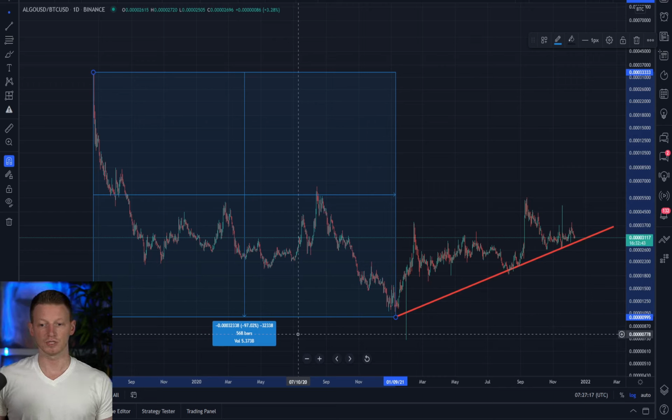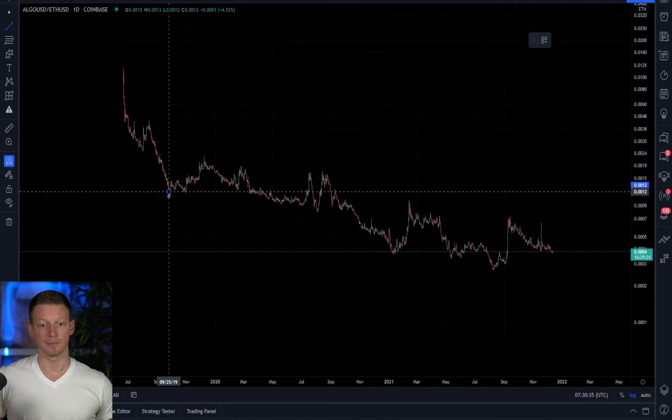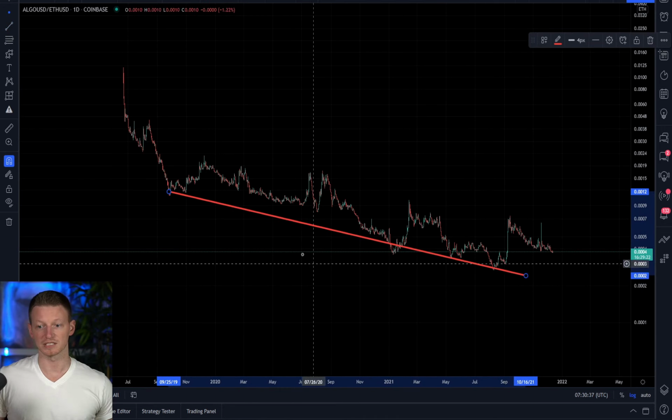And this is honestly, guys, an ugly chart. In fact, of all the coins I've analyzed, and trust me, I don't have anything against Algorand. I actually think in general it's a great project. I think it has poor tokenomics, at least temporarily poor tokenomics.